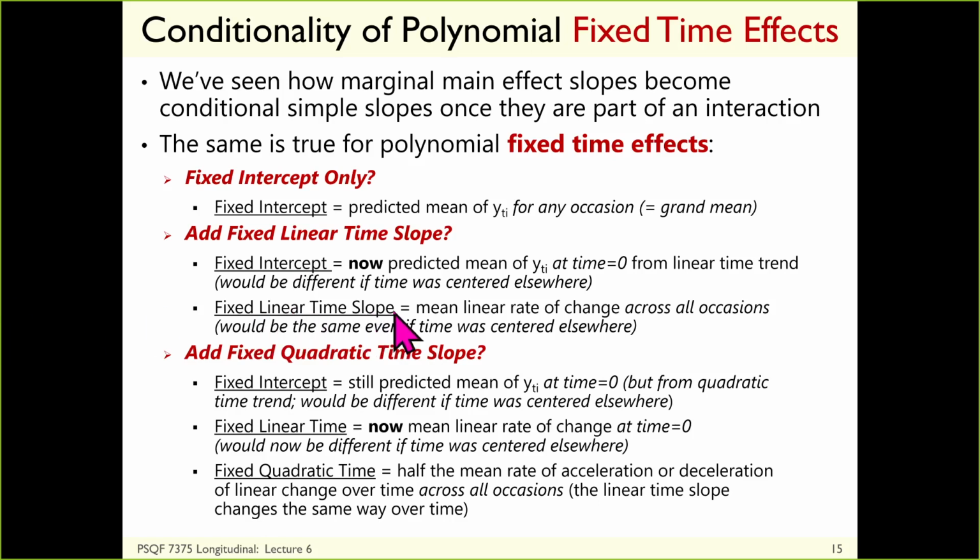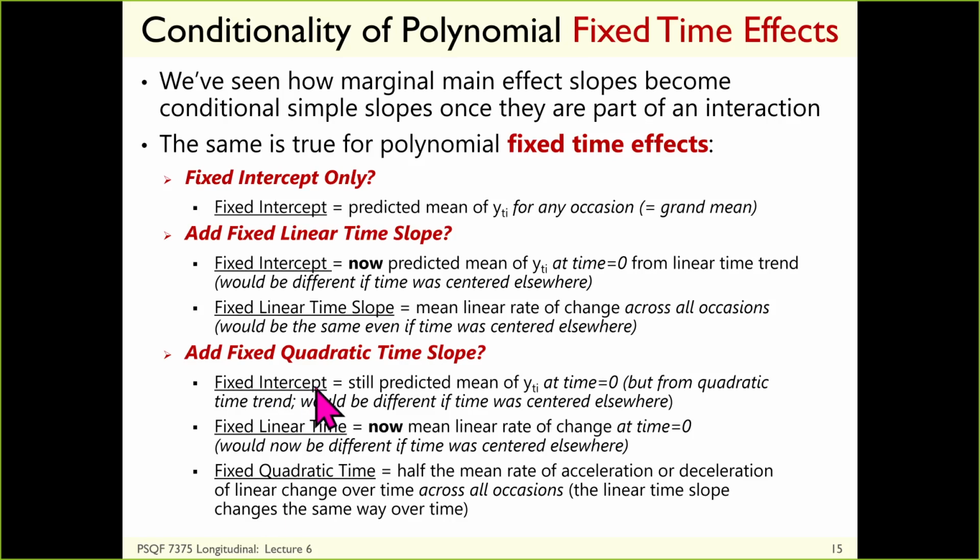If the fixed linear time slope, though, is the highest order term, then it is unconditional. It is the rate of change per unit time in the outcome, period. And it doesn't matter where time zero is, because a linear function says the change is the same all the way down the line.